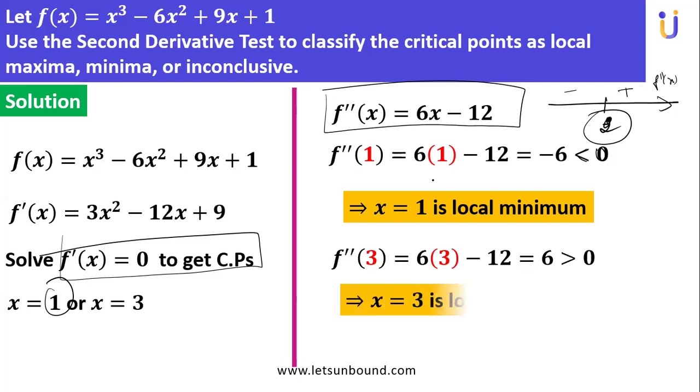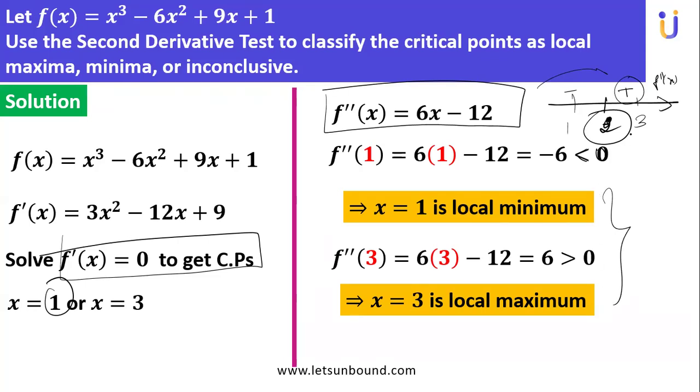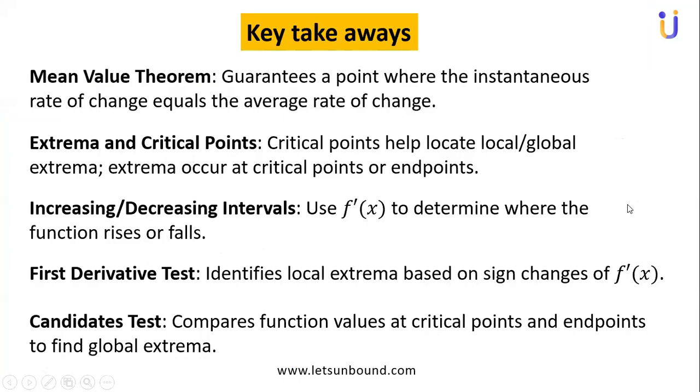And f double dash of 3, it's going to be a local maximum over there. You can even go with the sign chart: 3 is over here positive, 1 is over here negative. That way also we can classify. If you don't want to plug in, if you're well versed with the sign chart, you can directly use those two, right? And there are no inconclusive points here. Both critical points are either a local minimum or a local maximum.